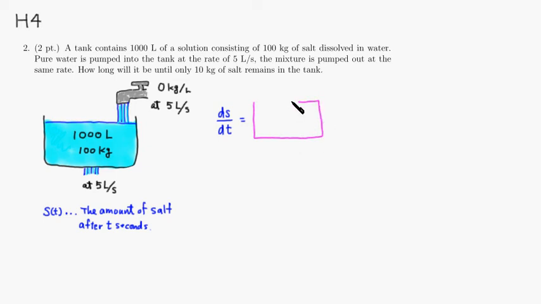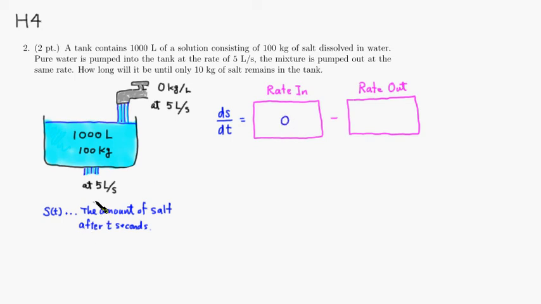So we have to come up with the rate in, and then minus the rate out, meaning how much salt is pumped out of the tank. The rate in is actually quite easy because you are pouring in pure water, so no salt is actually added. So this is 0.